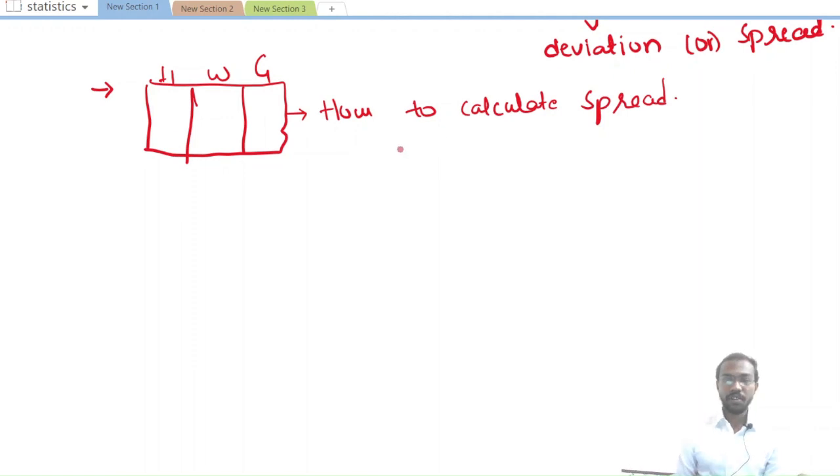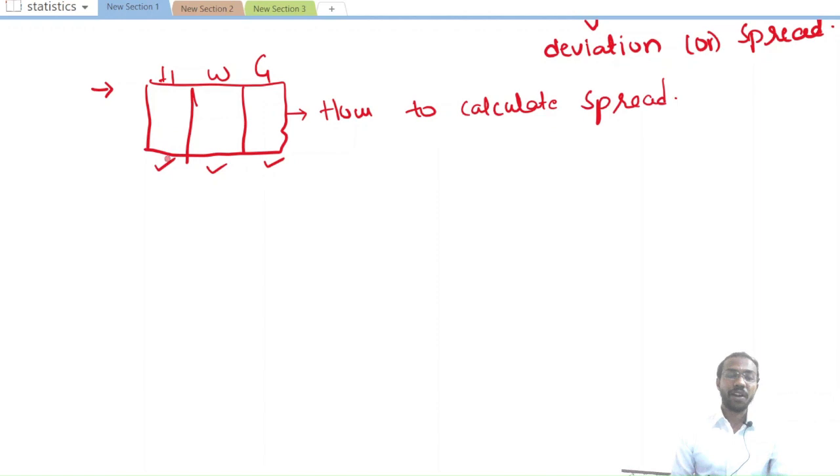We are dealing with univariate analysis, which means only a single number value. The spread is a single number value. For calculating the spread, we need to take the height column, weight column, and gender column one at a time.